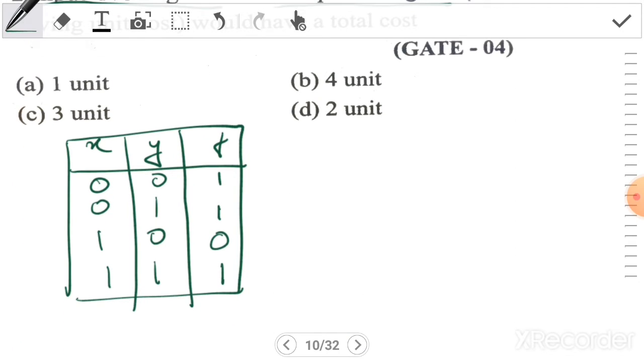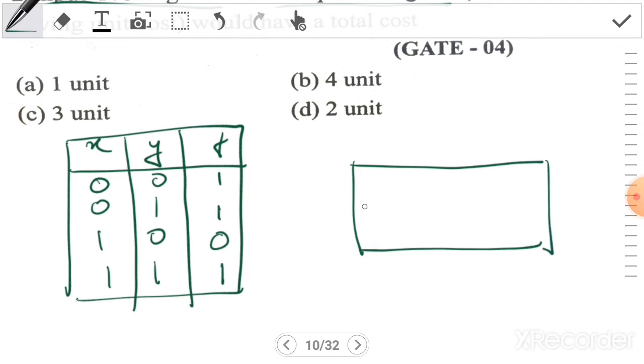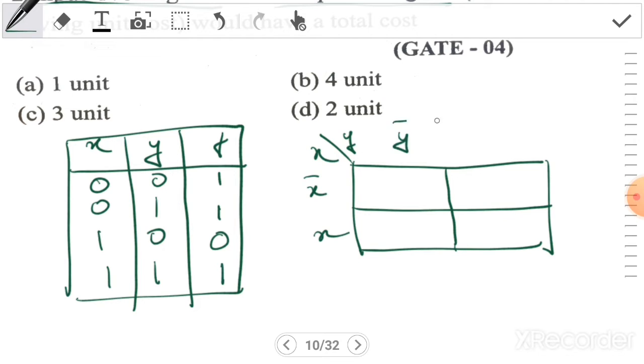So let us minimize this with the help of K-map. Since there are two variables, we will have 4 cells. Okay, so 0 as 1 and 1, 1.